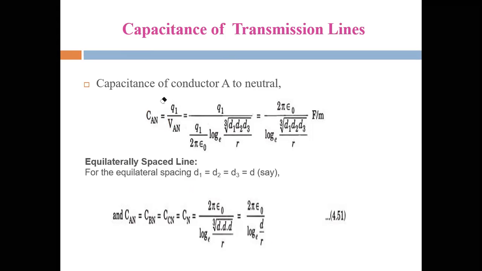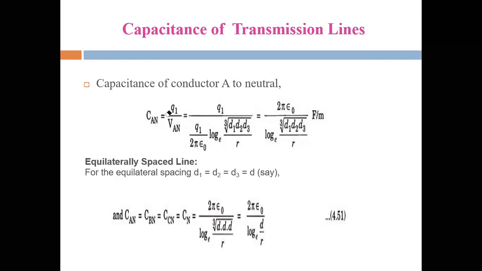Normally, first we calculate the charge Q. After that we calculate VAN, the potential difference from conductor A to the neutral point, for single phase or three phase lines. Suppose we are taking unsymmetrical conductors, then we calculate VAN1, VAN2, VAN3, and then we average all three voltages and obtain VAN.